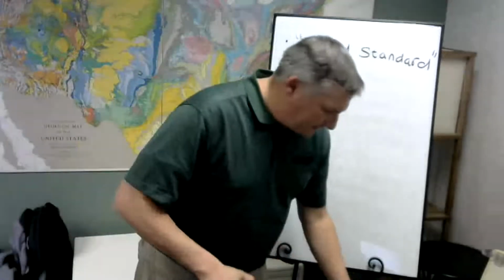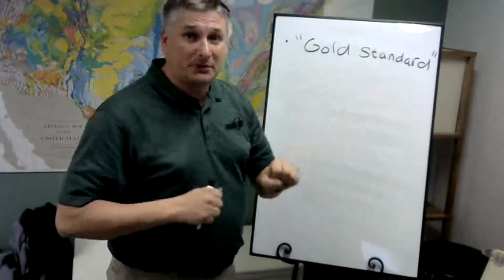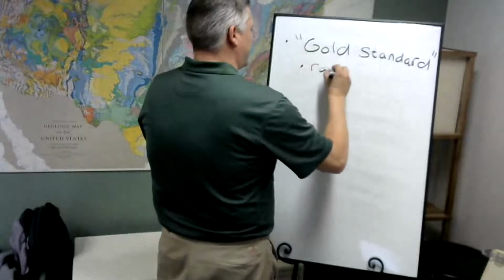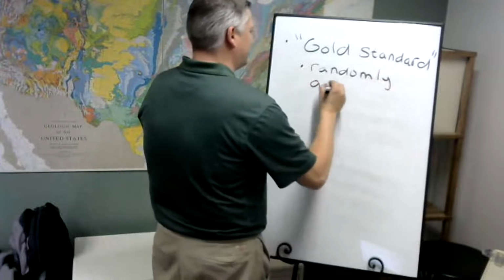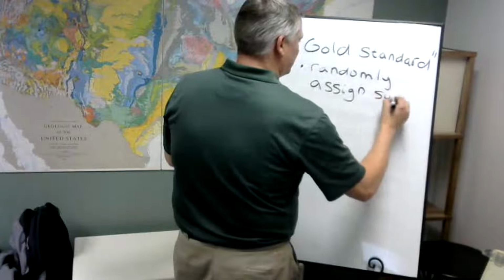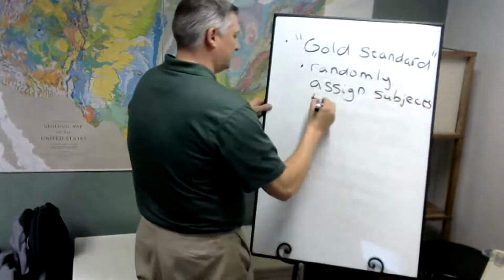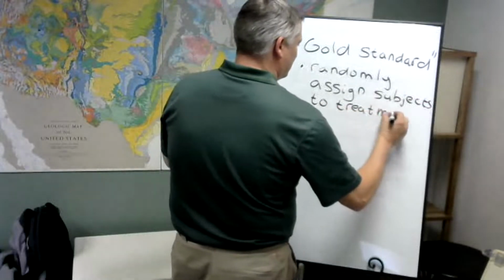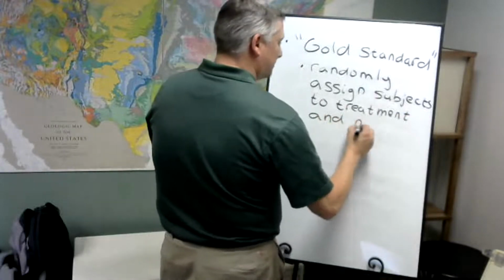So the way they did it, and this is a key thing here, when we choose who's in the treatment group and who's in the placebo group, we randomly assign subjects to treatment and placebo groups.